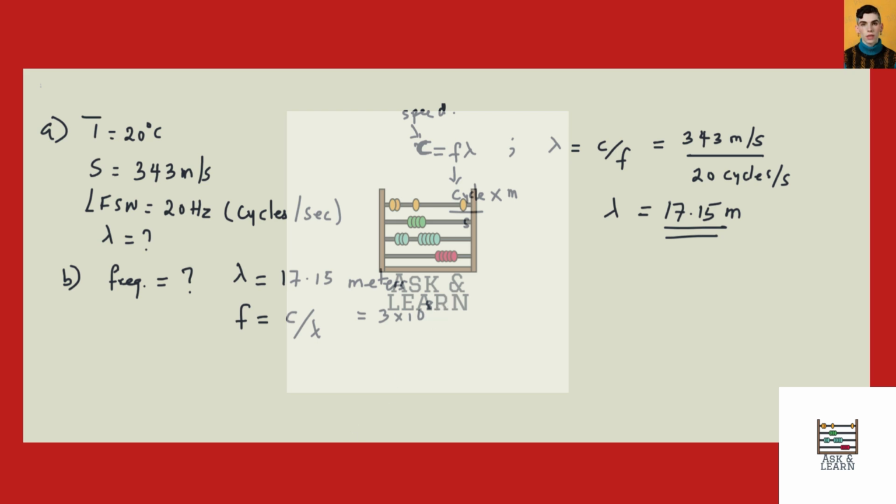So 3 times 10 raised to the power 8 meters per second, divided by the wavelength, which is 17.15 meters. What would this give us? 3 times 10 raised to the power 8 divided by 17.15 is about 17,492,711.